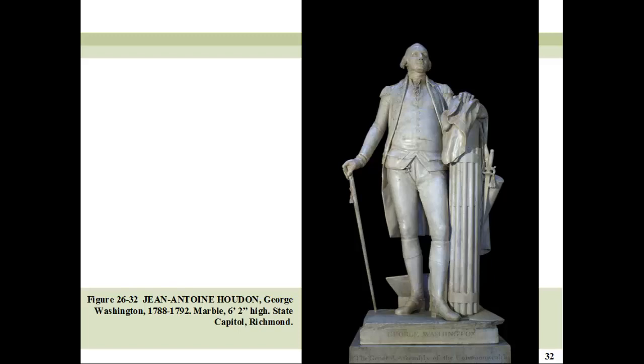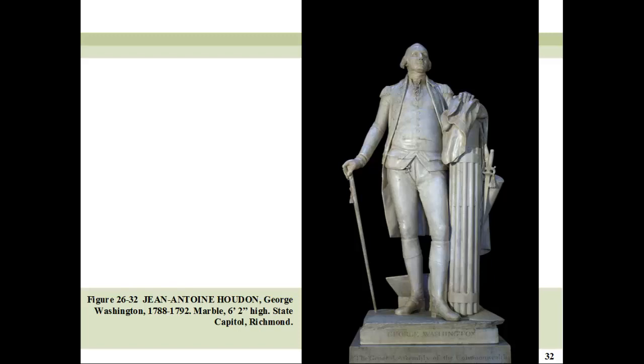Like the approach we saw in West's Death of General Wolfe, George Washington is dressed in a general's uniform. His serene expression and relaxed contrapposto pose have their origins in the sculpted athletes of ancient Greece.